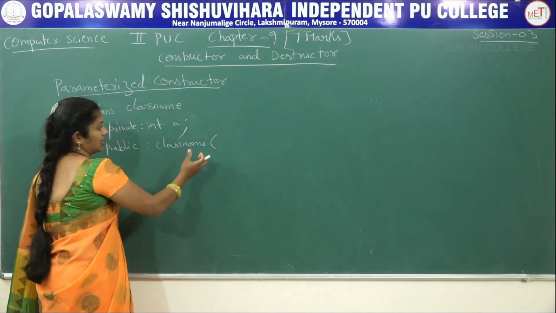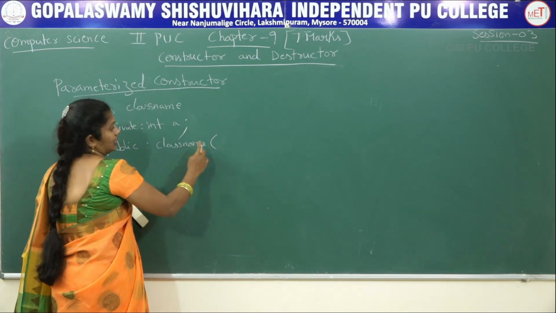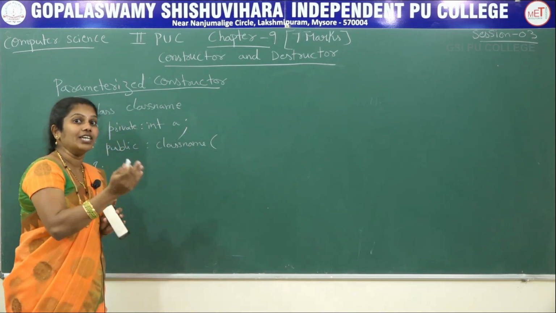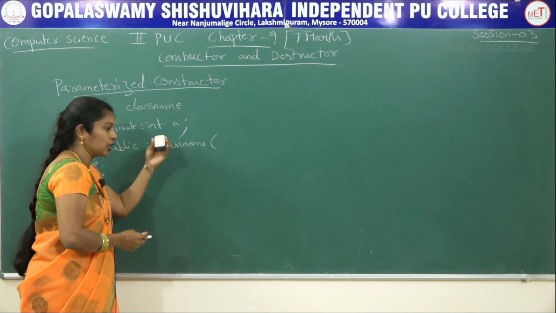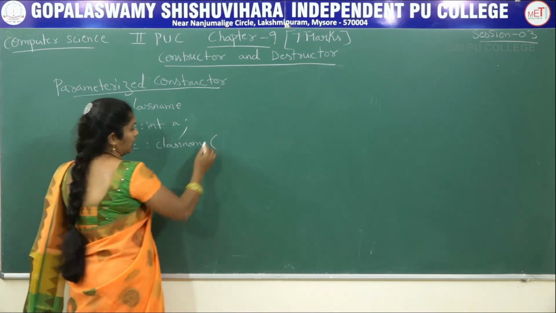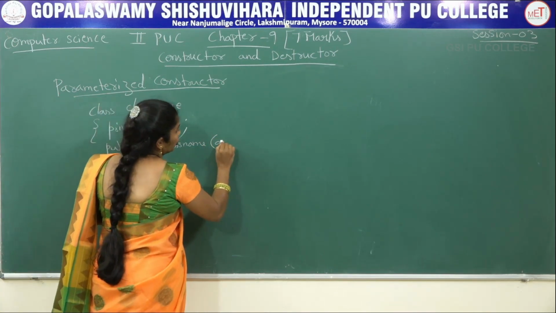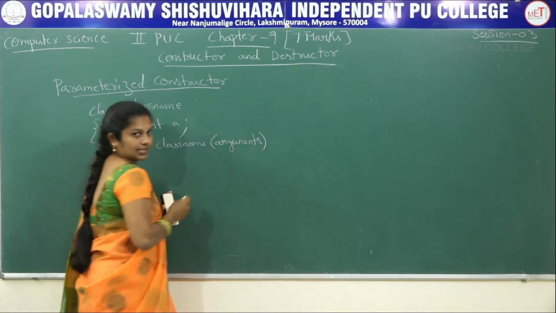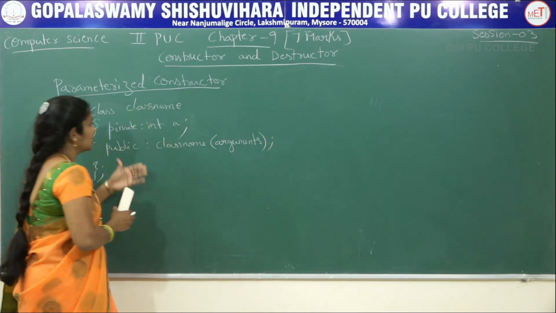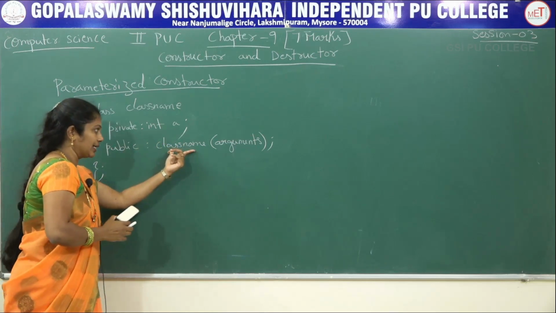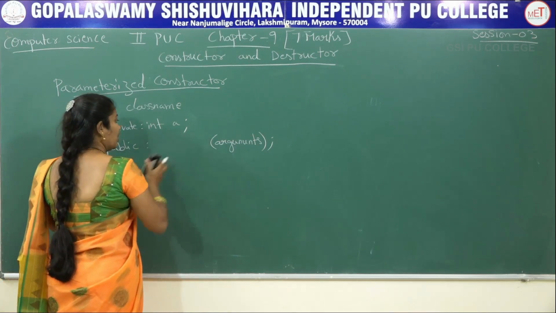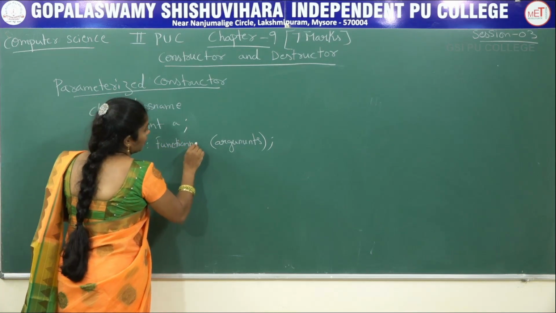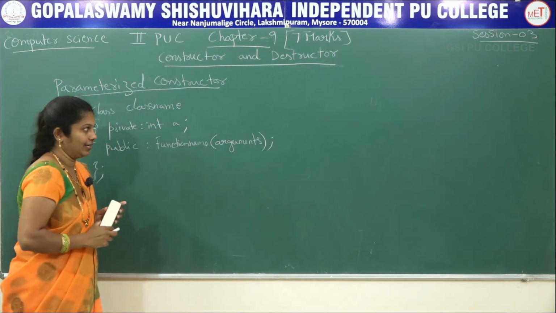For parameterized constructor, after class name you can write class name as well as function name also you can write. You can write class name or function name, both are correct. Here, arguments. This is the syntax.